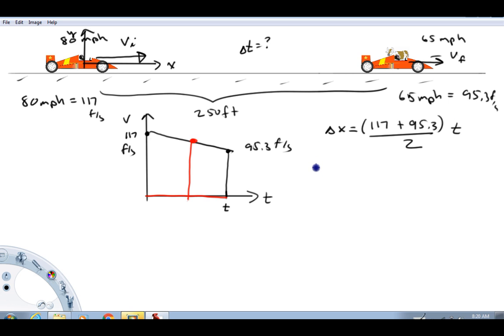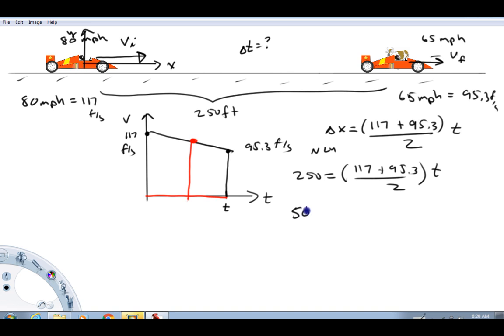I'm going to go ahead and write this with all the numbers in. The delta x is 250 equals, and I better put a little NCU for note consistent units, 117 plus 95.3 over 2 times t. And now all I have to do is solve this equation for t. First step would be to multiply both sides by 2.